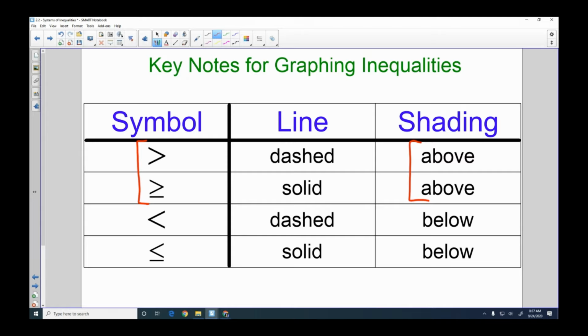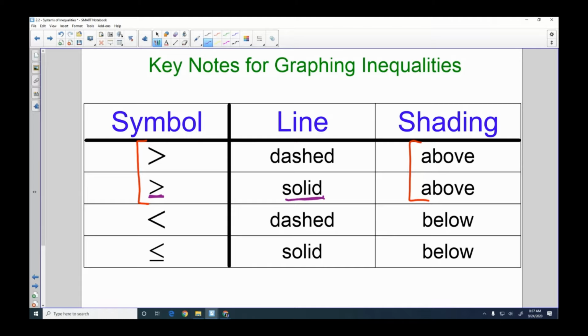Now the one difference is that or equals to piece. See how this one has that line underneath? If there's a solid line underneath your inequality, then when I draw that line, I'm going to make it a solid line. Remember that or equals means a point on my line is part of the solution.